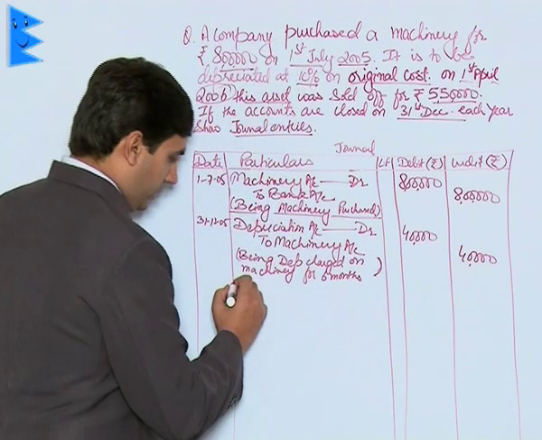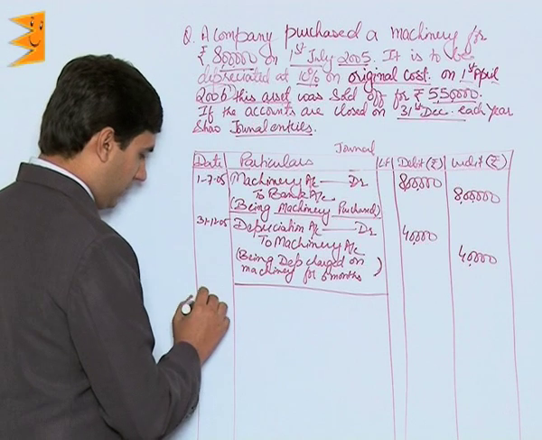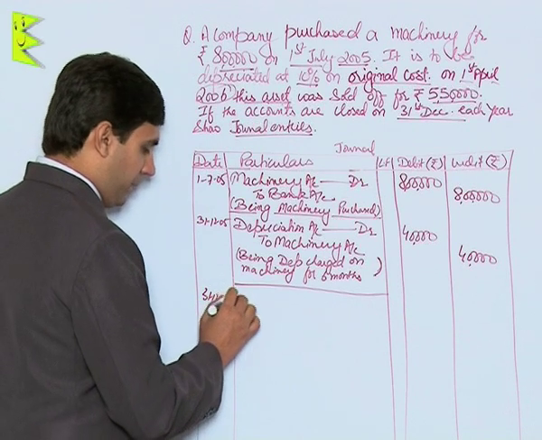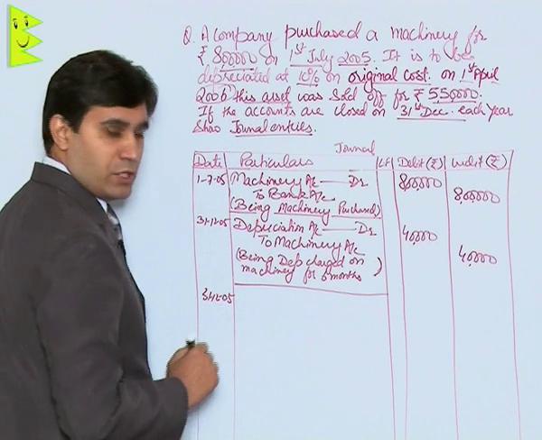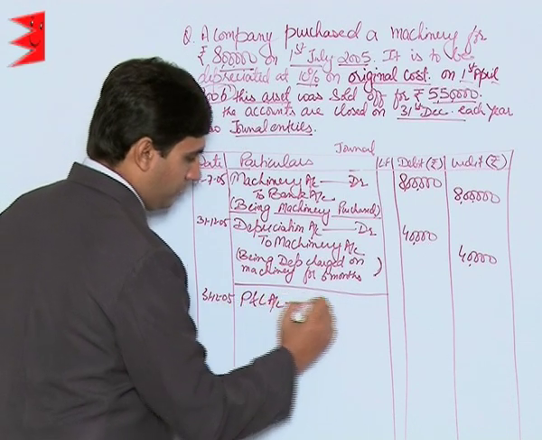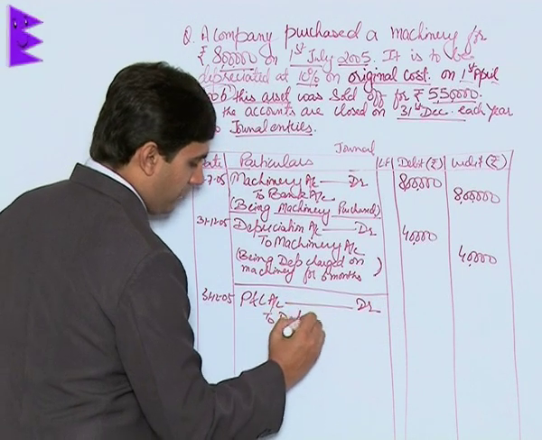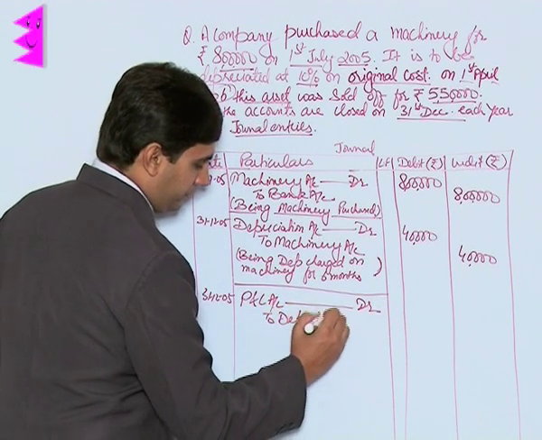Now students, on the last date, that is on 31st December, depreciation is an expense, so it should be transferred to profit and loss account. Profit and loss account debited to depreciation account.